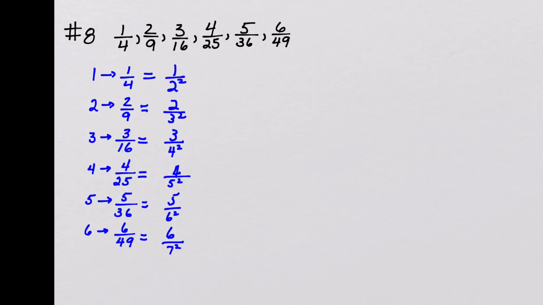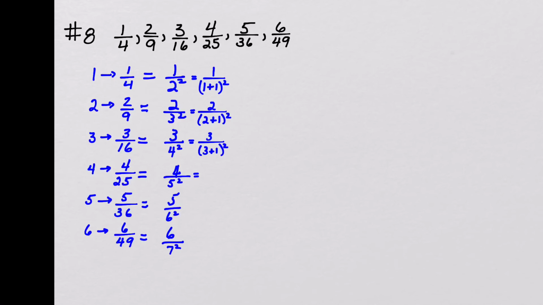So I could write this as 1 over 1 plus 1 quantity squared, and then I have 2 over 2 plus 1 quantity squared, and continue 3 over 3 plus 1 quantity squared.